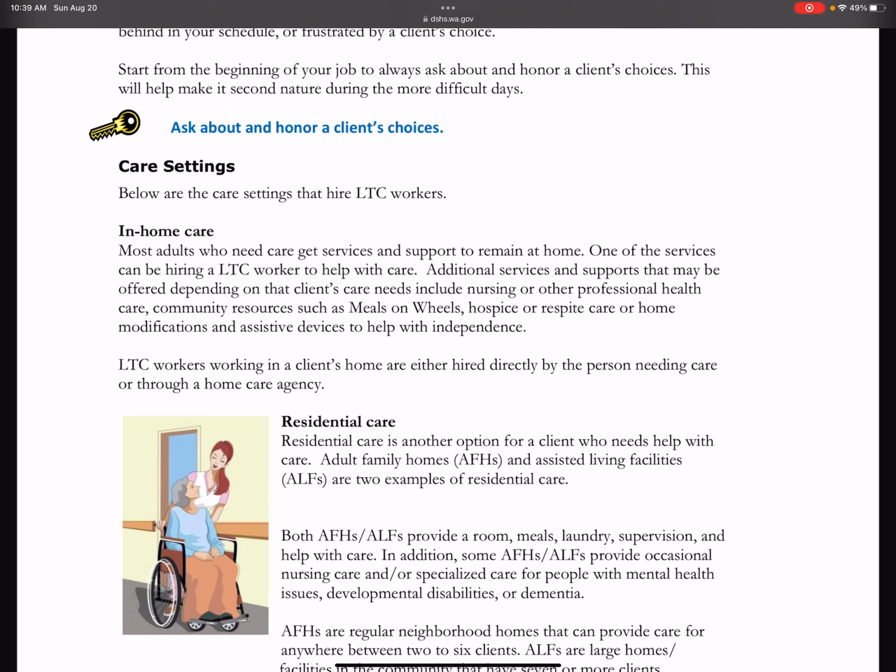That's called in-home care. The other one is residential care. Residential care is another option for a client who needs help with care. Adult family homes and assisted living facilities are examples of this care.